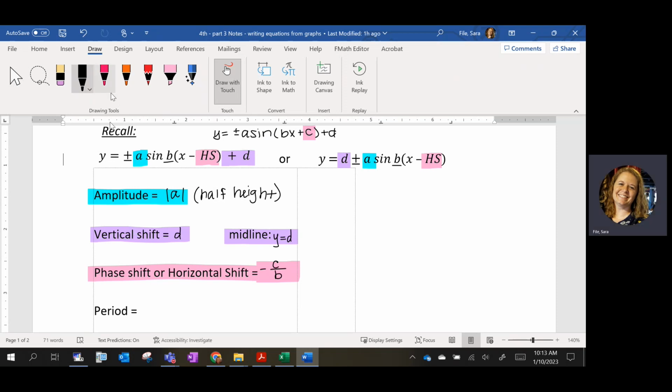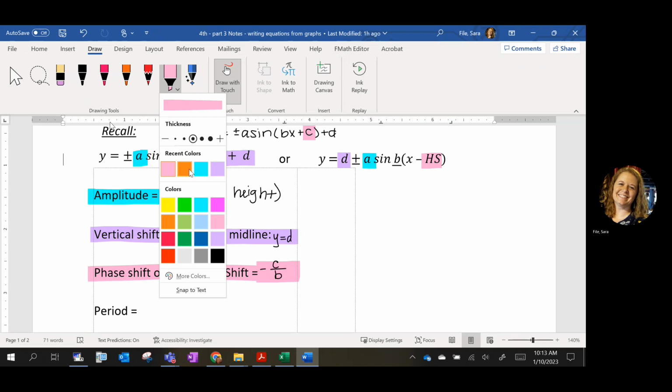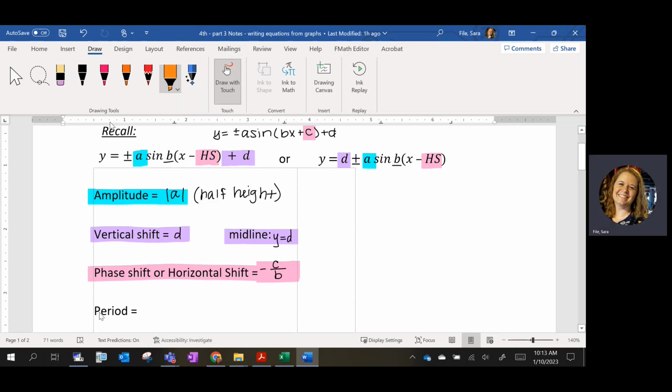Okay, and then the last thing was the period. Remember, the period comes from the B value, whether it's inside or outside the parentheses. It's still part of what we're taking sine or cosine of. So it's inside the function, but if B is factored out, or if it's not factored out, that doesn't change the B value itself. So the B value is used to determine the period.